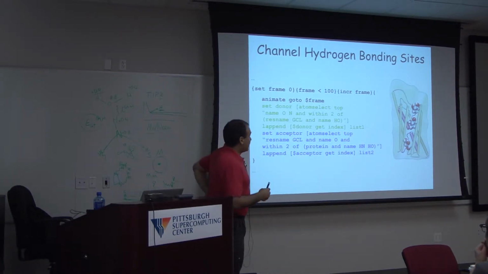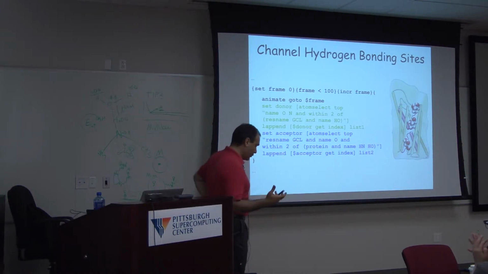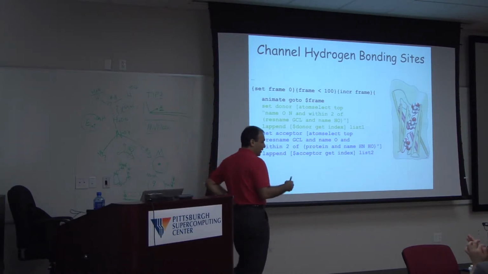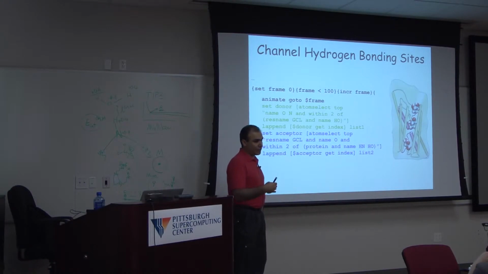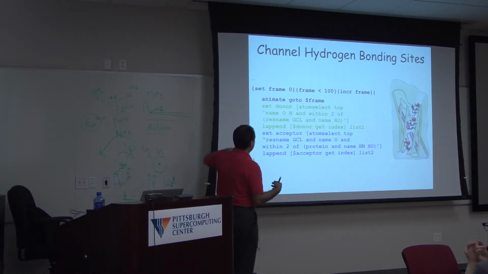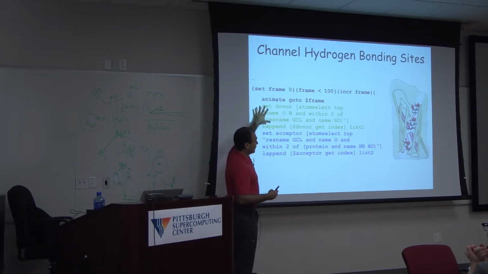So what we did was to look at hydrogen bonding patterns between the substrate and the protein. We wanted to see what protein side chains are participating in forming hydrogen bonds with the substrate. So this is, the syntax here is not correct.